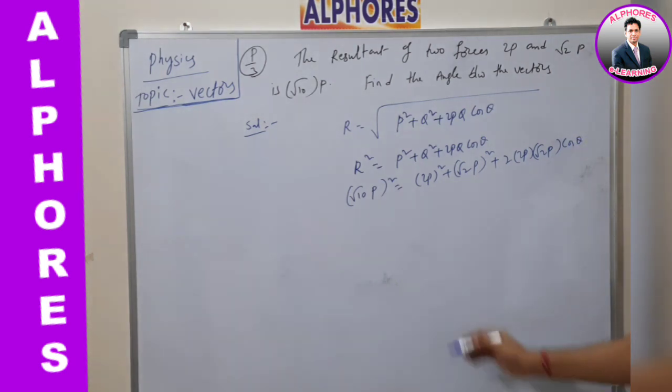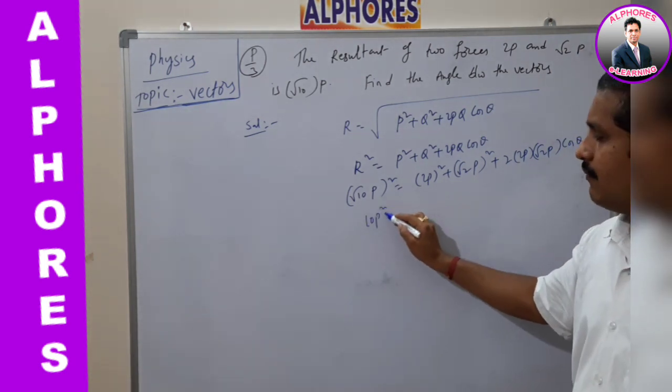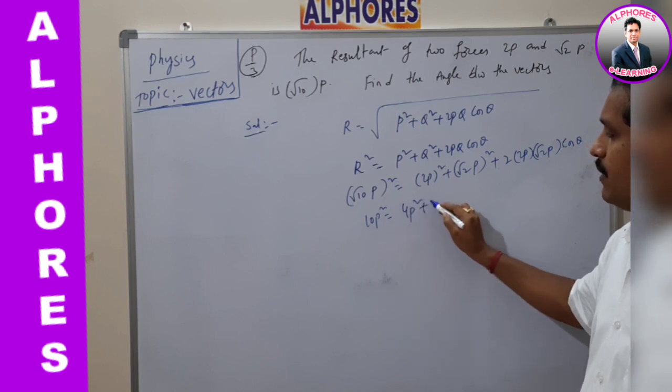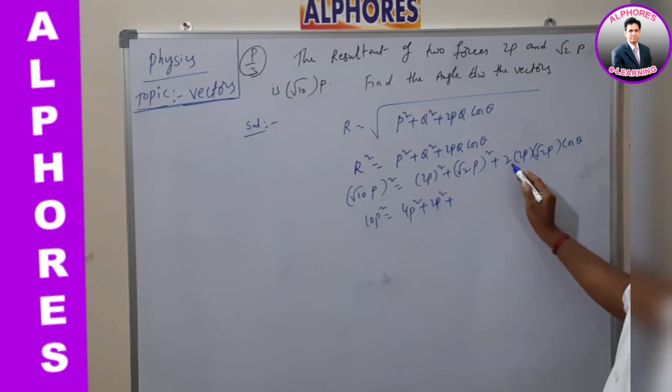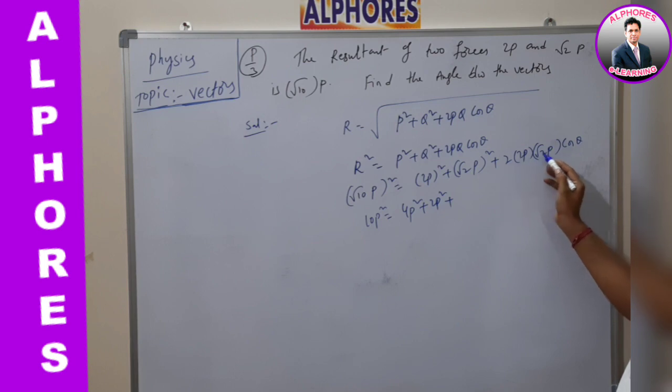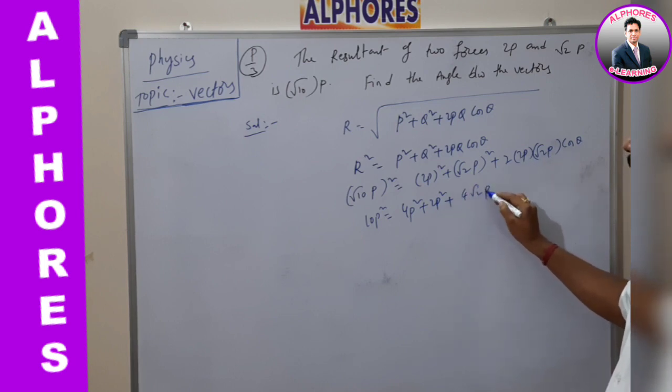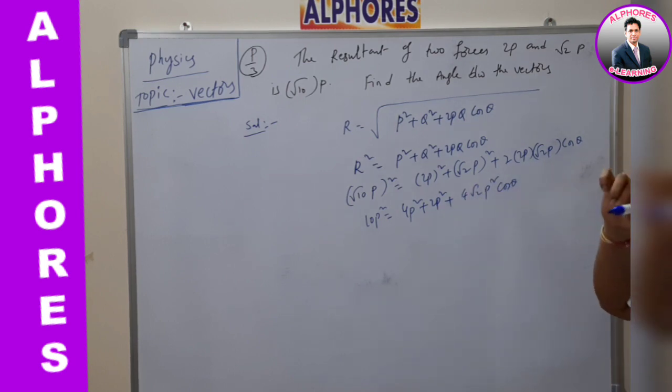Now root 10p whole square means 10p square, which is equal to 4p square plus 2p square plus 2 into 2p into root 2p, means 4 root 2 p square into cos theta, right?